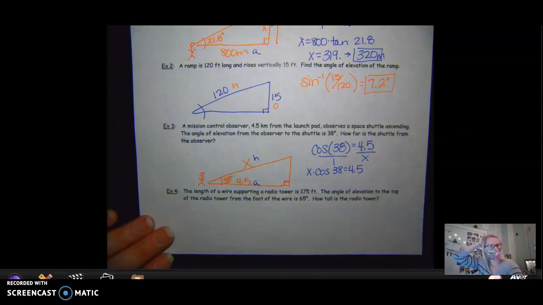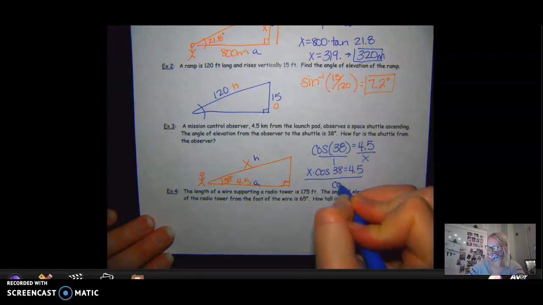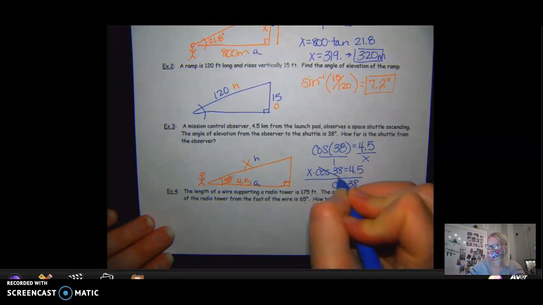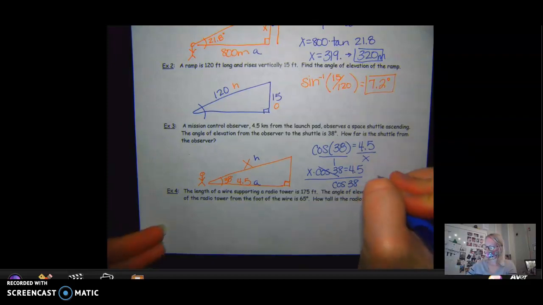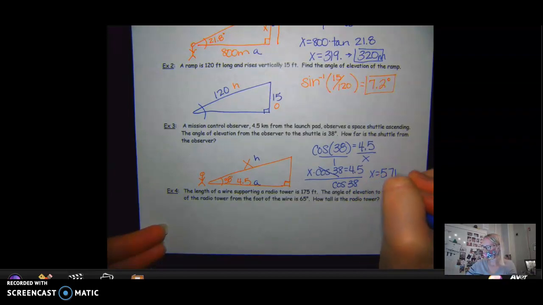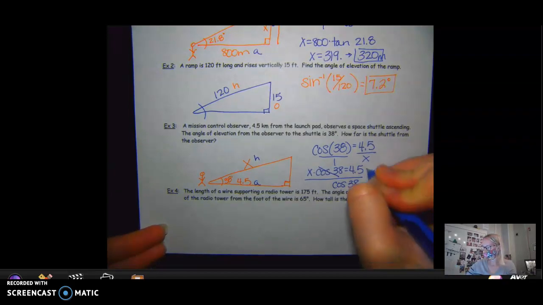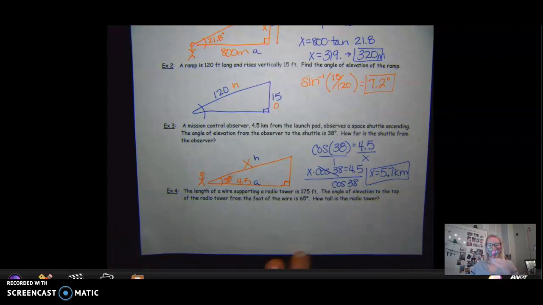We want to get x by itself, so what do we have to do now? Divide by the cosine of 38. That cancels. So 4.5 divided by cosine of 38, right? What do you guys get for that? 5.7 kilometers. Meters would be pretty close.